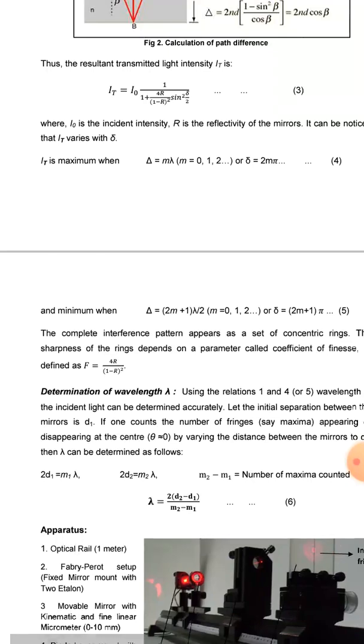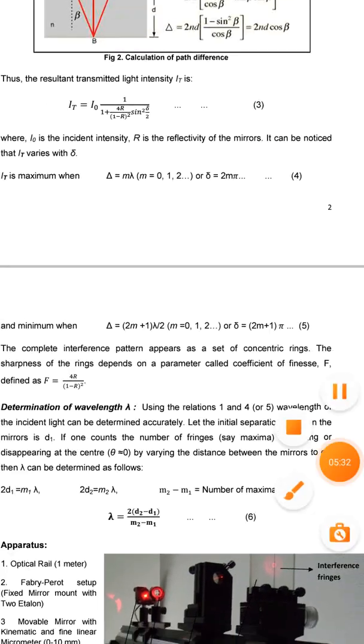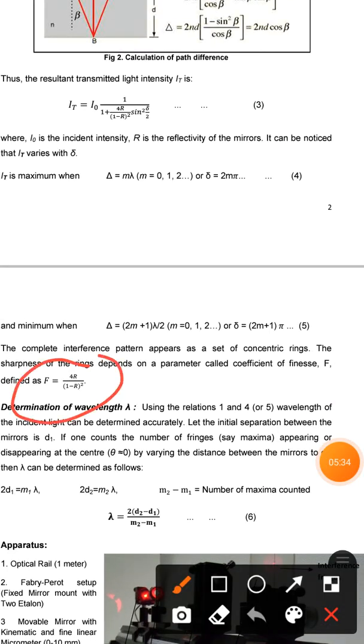Here this is F, called the fineness constant for a Fabry-Perot interferometer. If it has a high value, then it will be finer, otherwise less fine according to this factor. So it is called the fineness factor.